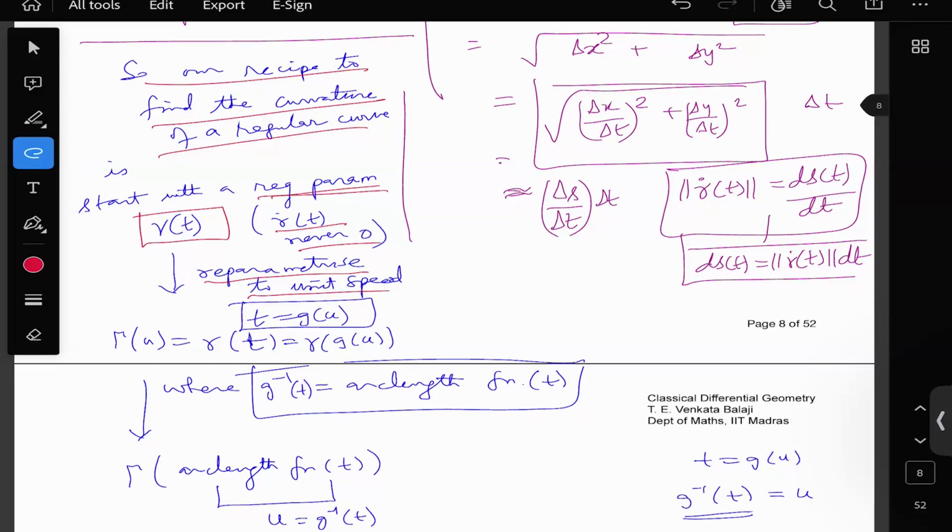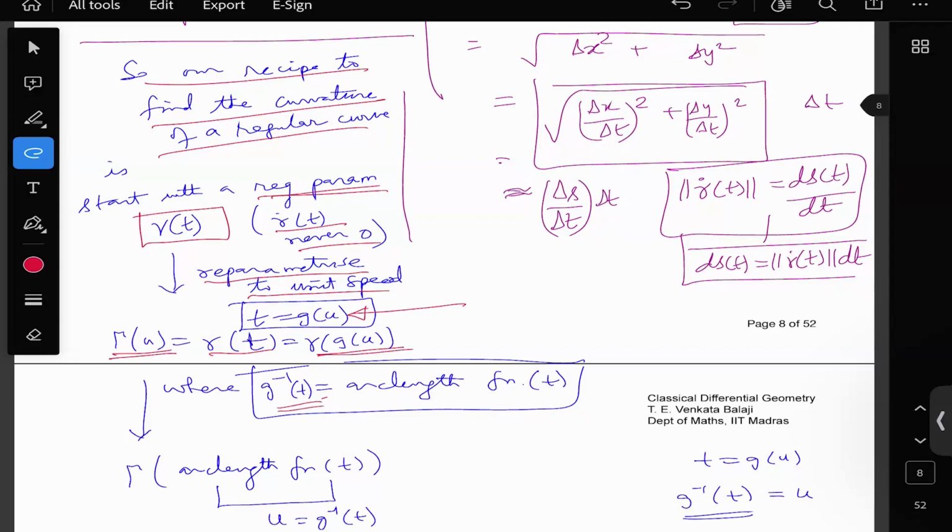So you put this substitution t is equal to g of u, so that your gamma of t will become gamma of g of u, and this function of u you call capital gamma of u. And how is this g of u related to the original parameterization? It's actually intrinsically related to the curve itself.